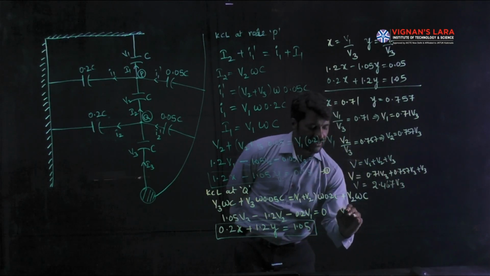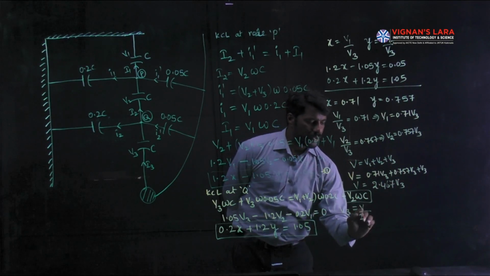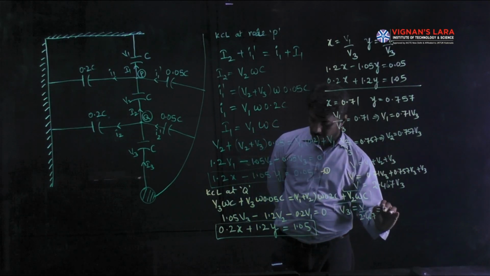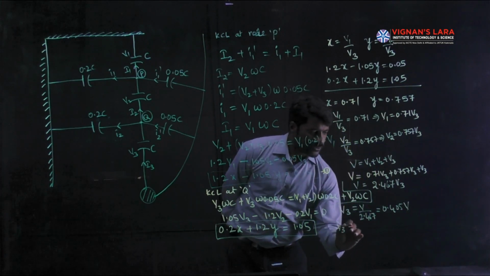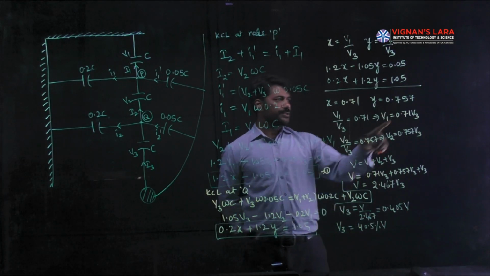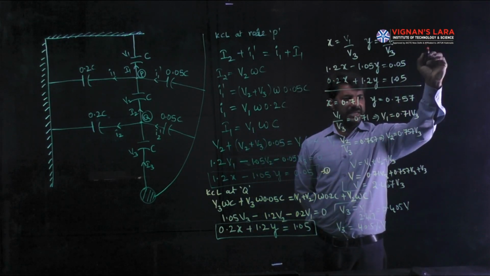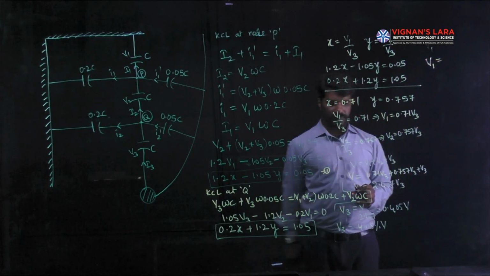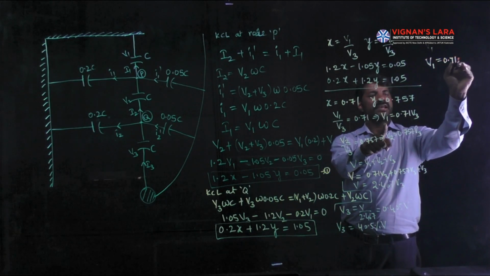Then what is V3? V3 is equal to V by 2.467, which is equal to 0.405 V. That is, V3 is 40.5% of V. If you substitute that V3 here, then we will get V1, which is 0.71 times that of V3.